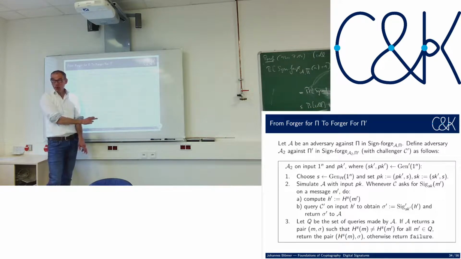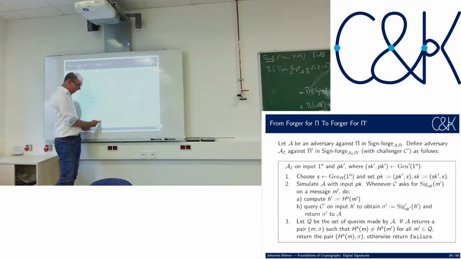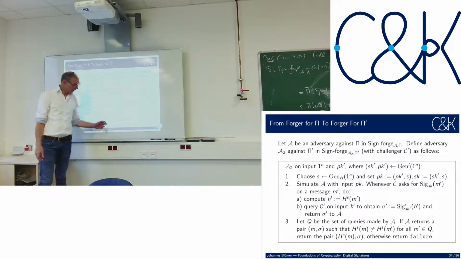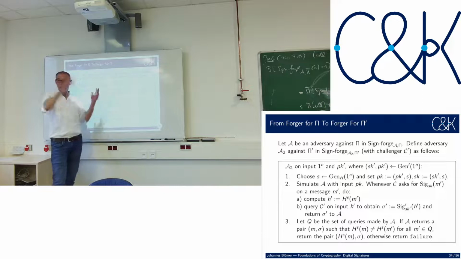That's not allowed. The message space for pi prime that A2 attacks is the hash values of H S. But if there's no collision, then it never queried its challenger on the message H prime, and we are done.